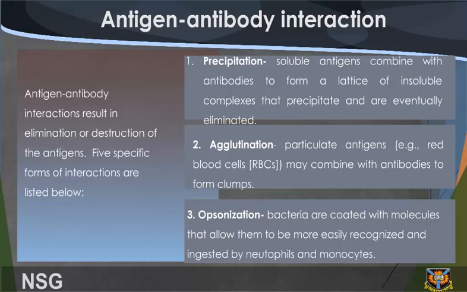Agglutination. Particulate antigens, e.g., red blood cells, RBCs, may combine with antibodies to form clumps. 3. Opsonization. Bacteria are coated with molecules that allow them to be more easily recognized and ingested by neutrophils and monocytes.